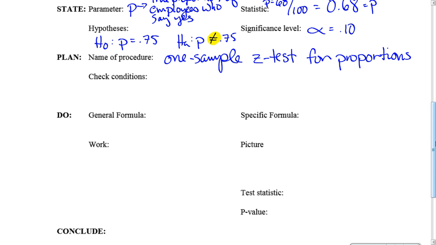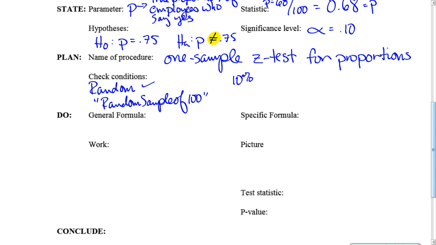Conditions. Is it random? Check. Why? Because they say, and I quote, a random sample of 100. The 10% rule. Why do we need the 10% rule? That's the independent part.